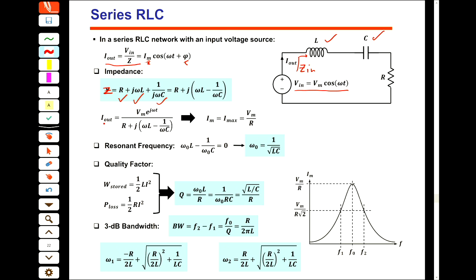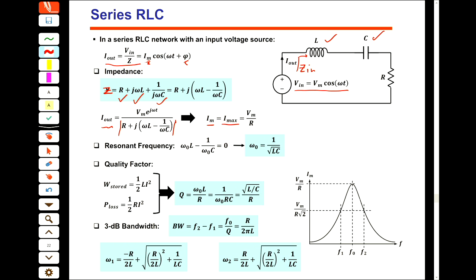And the value for I out, if we write down the voltage in a phasor format, is V divided by Z. And again, we say that the maximum current that we can get from this circuit, which is Im or Imax, is when the absolute value of this denominator is the minimum.